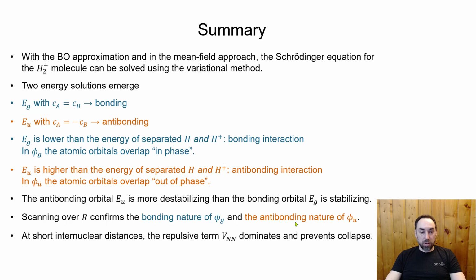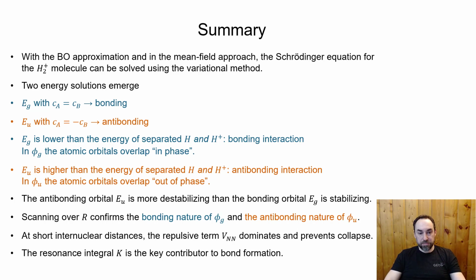And we also looked that at short internuclear distance, the repulsive term VNN dominates and skyrockets, and so that's what prevents the two atoms from going on top of each other. And finally, we appreciated that the resonance integral K is actually the ultimate key contributor to bond formation.